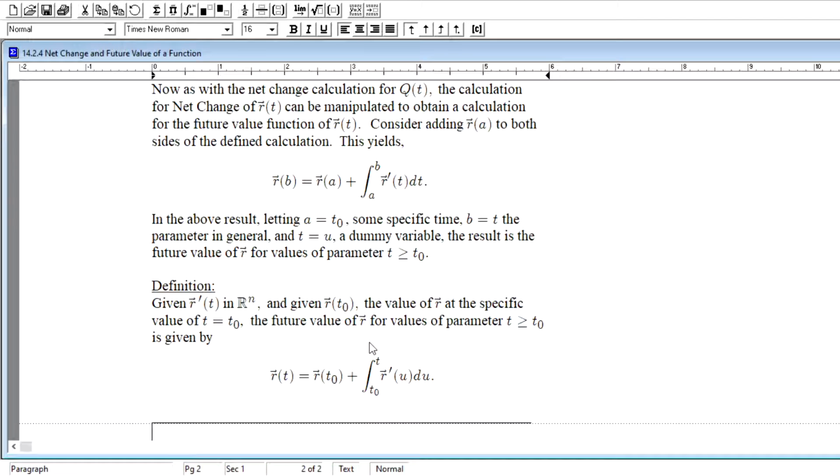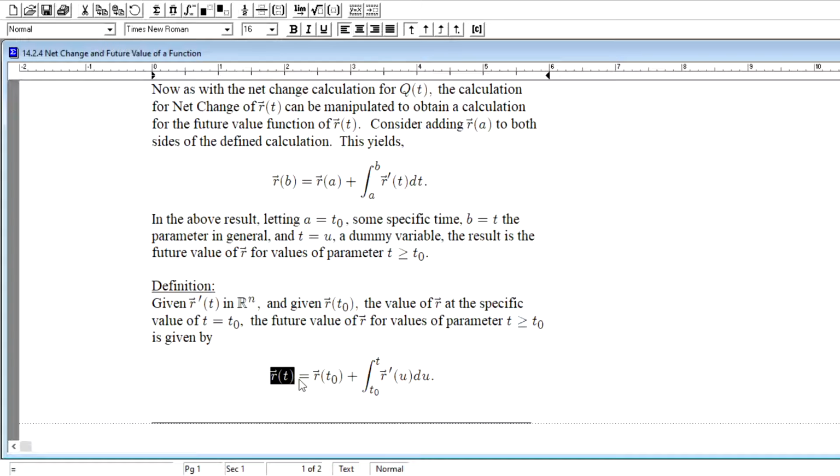Given r bar prime of t, the rate of change in our vector valued function in n-dimensional space, and given r bar of t null, the observed position at an observed point in time, the value of r bar at that specific value of time, the future value of r bar for values of t greater than or equal to that observed value of time is given by the following.